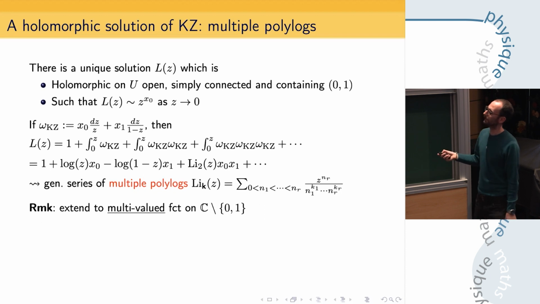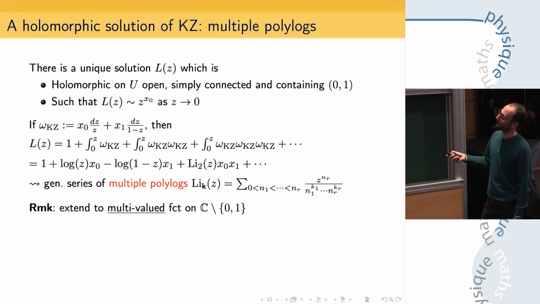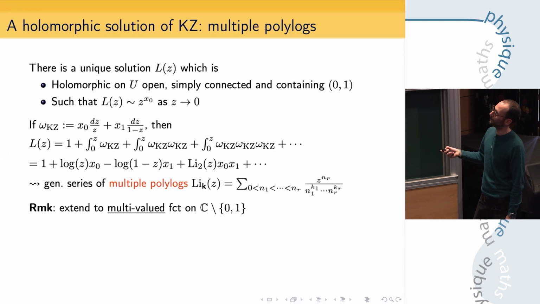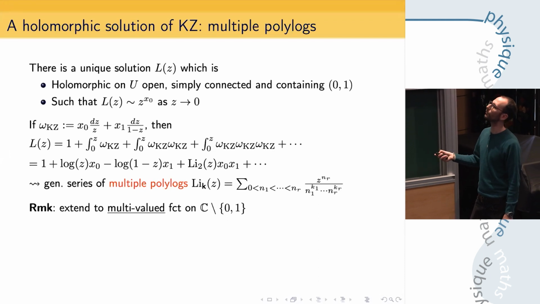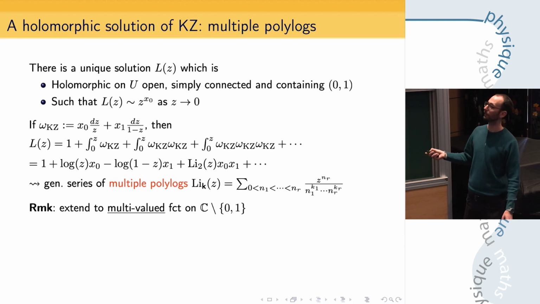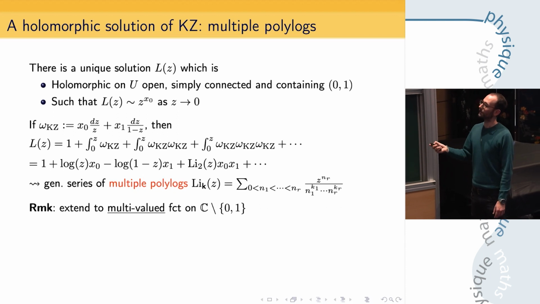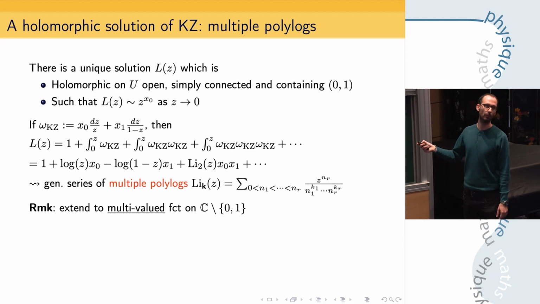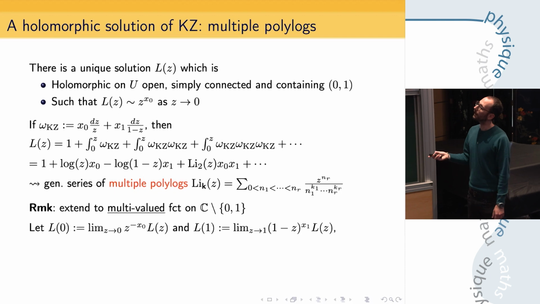So this series, if you do the computation, is just 1 plus log z x0, then you have log squared, then you have dilog, and so on. And it turns out it's just a generating series in these non-commutative variables of all of the multiple polylogarithms.